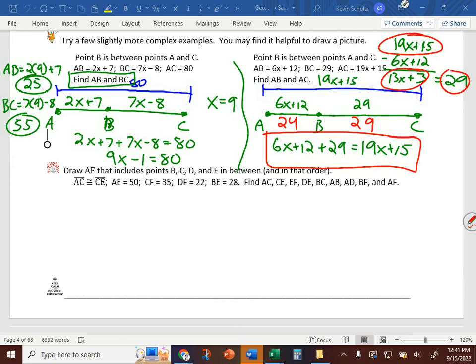No. On page 12, I would like you to do 6 through 11, and 21 through 26.